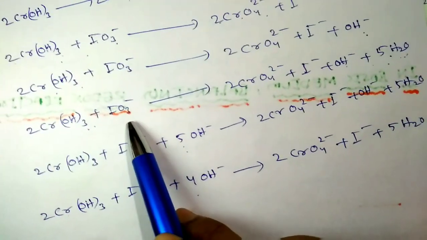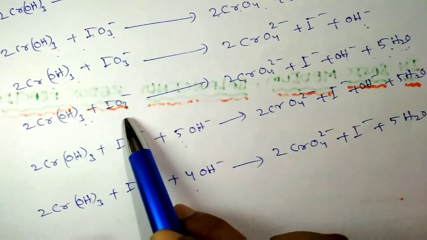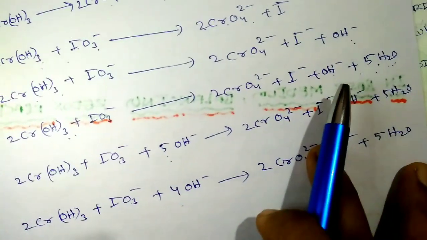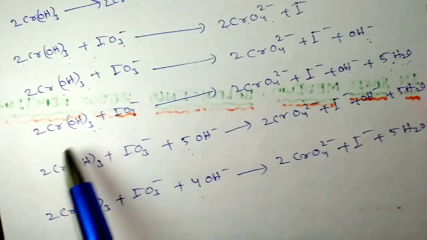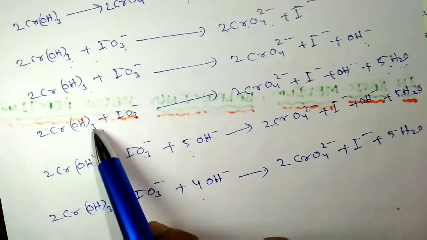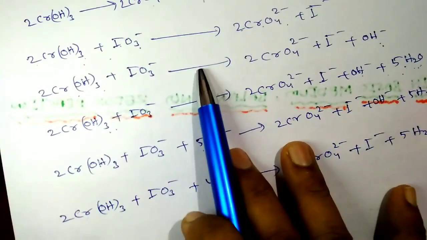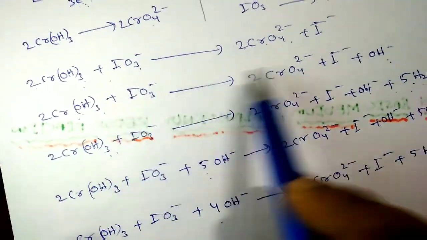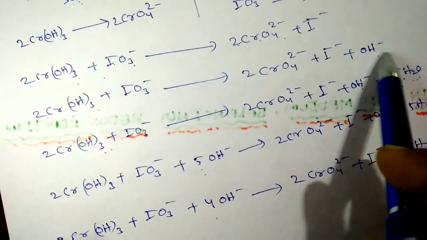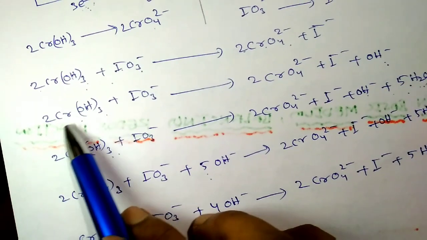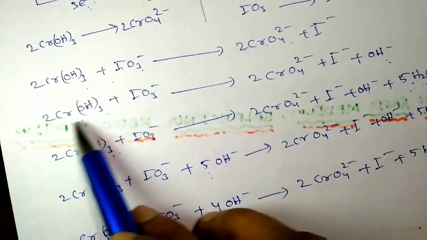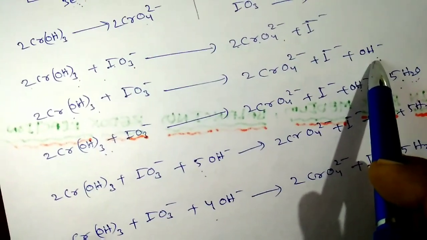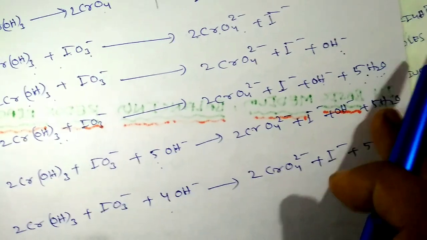Now we have to balance the number of hydrogen atoms. Look at here, after adding OH minus, we have 6 hydrogens on the left side. Already one hydrogen is there, so still 5 more hydrogens should be added.